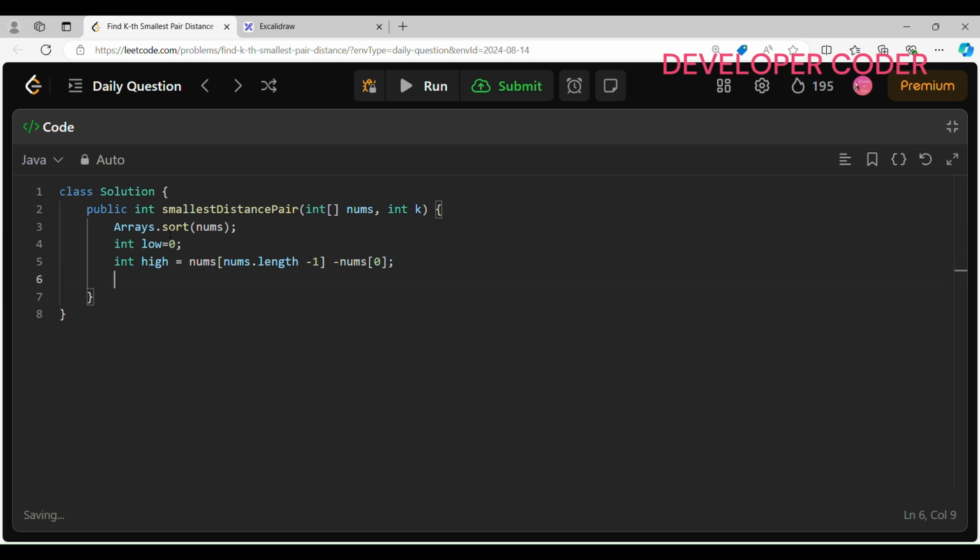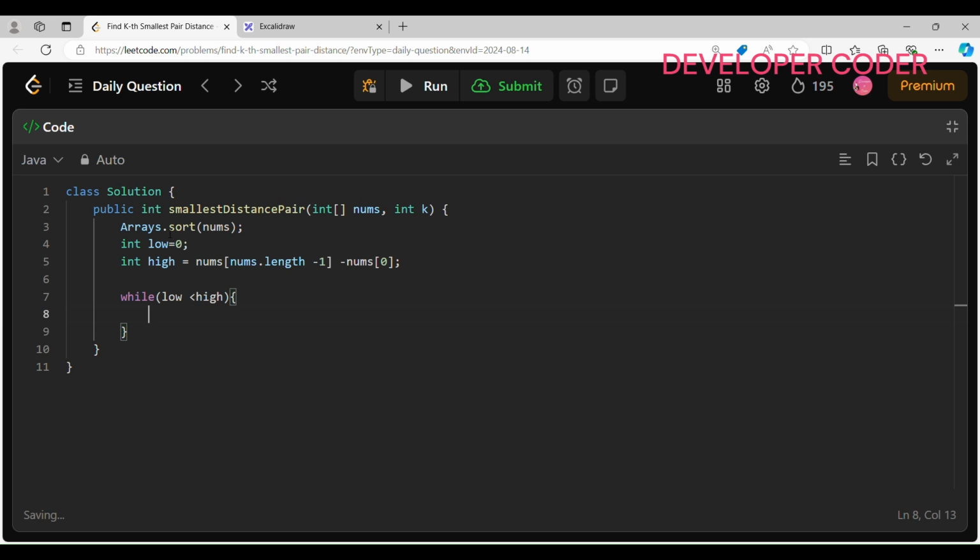Then we have to run one while loop while my low is less than high. Inside this we have to calculate the mid. Mid is nothing but low plus high minus low, divided by 2. That's it.